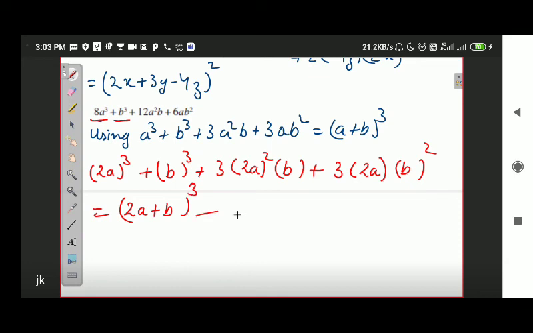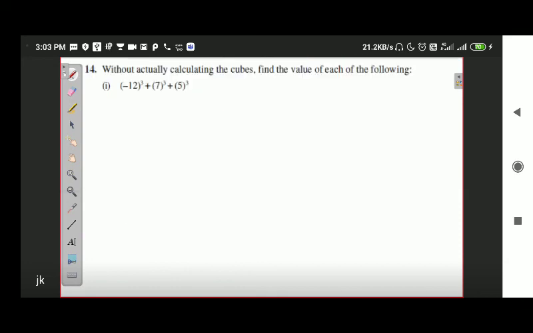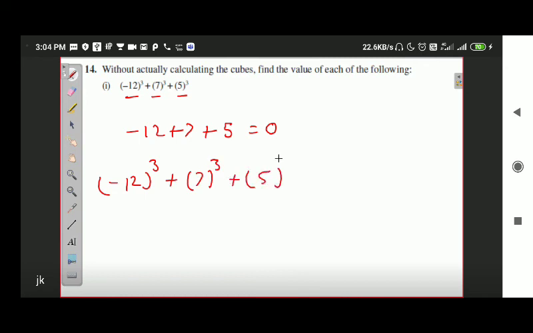Fine. Now let's see, like I have already told you, if you have three numbers whose sum, when you do their sum, the answer is 0, then the sum of their cubes is going to be equal to 3 into the product of all three numbers.